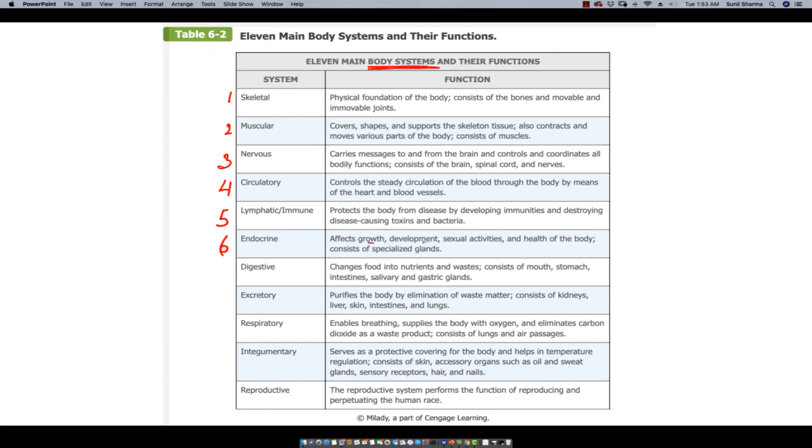Endocrine affects growth and development; that's the releasing of growth hormones. Then digestive, excretory, which eliminates waste, and respiratory, which is for breathing and supplying oxygen. Then the integumentary system, which is our skin, and the 11th one is reproductive. So these are our 11 body systems that we'll eventually get to after we look at tissues and organs.